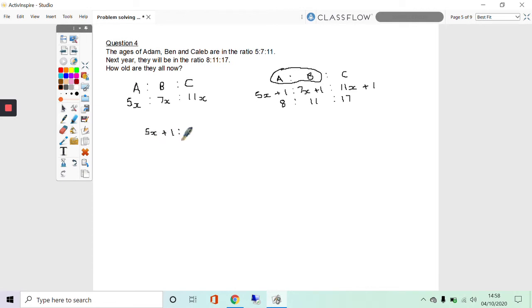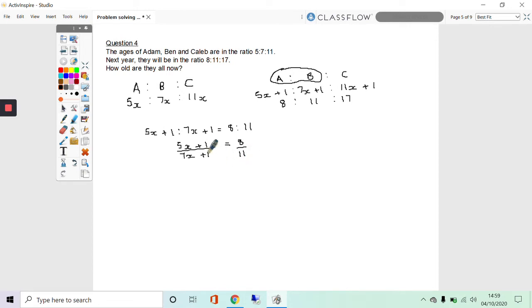So 5x plus 1 to 7x plus 1 is the same as 8:11. So that means that 5x plus 1 over 7x plus 1 must be the same as 8/11.